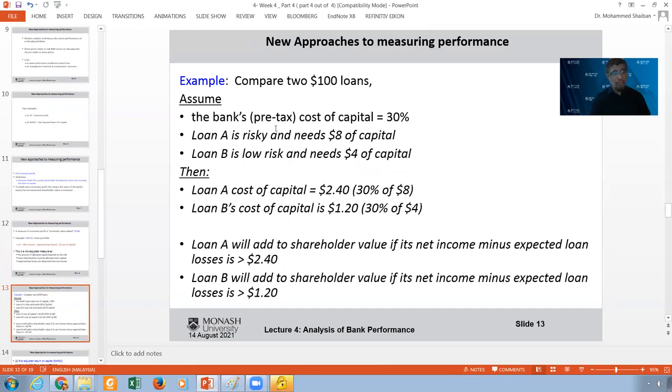Look at this example. If you have a bank with a pre-tax cost of capital of 30%. Loan A is risky and needs 8% of capital. Loan B is low risk and needs 4% of capital, which means loan B is less risky. Let's take the cost of capital for loan A, which is 30% of the 8, which is 2.40.